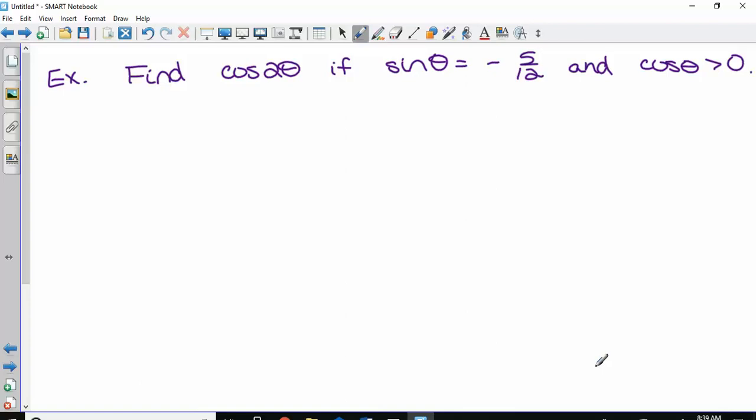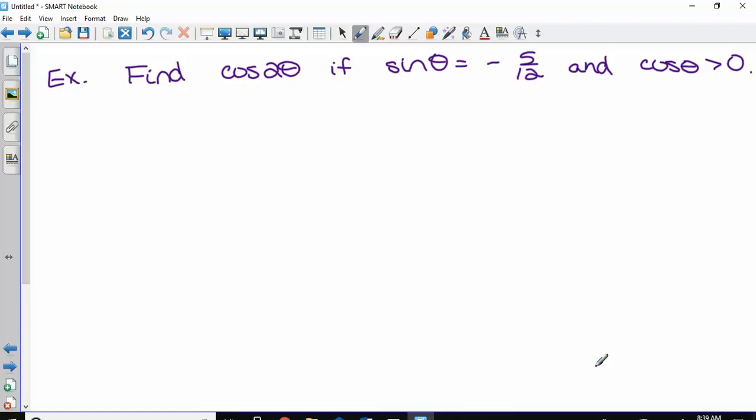If I gave you this, cosine 2 theta. So we have to look at our formulas.